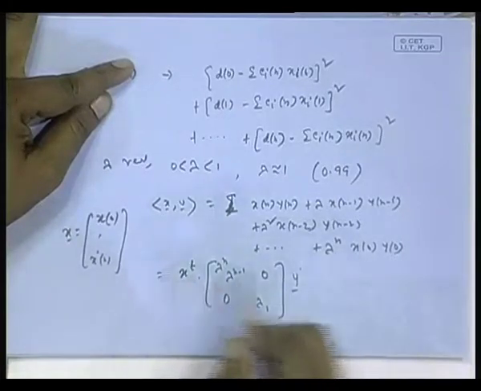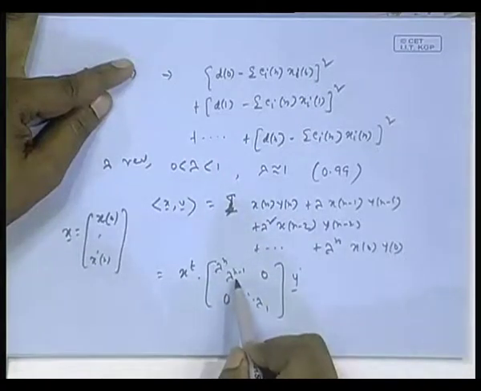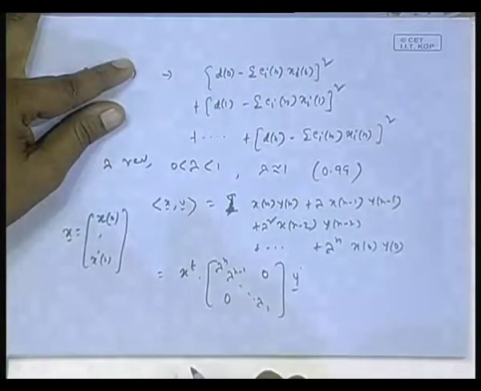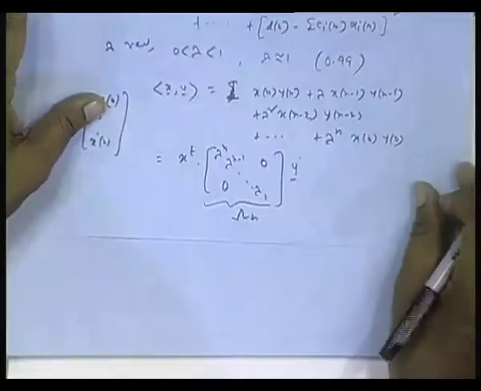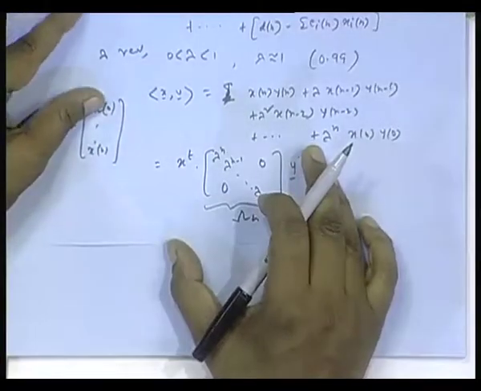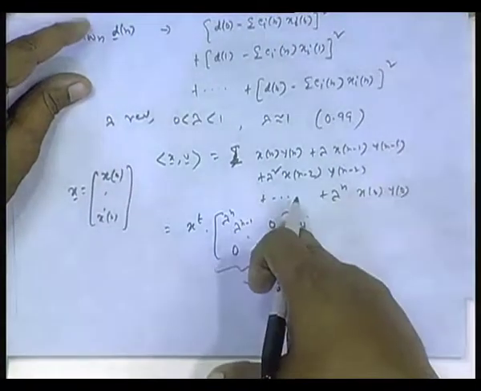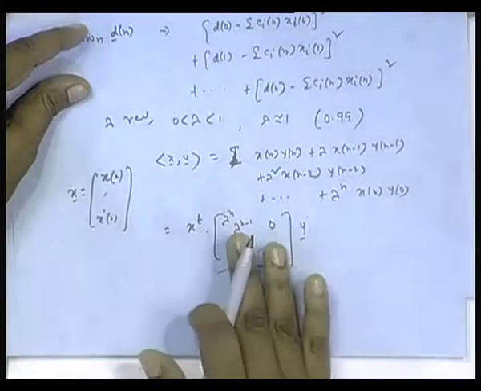So, you understand x 0 y 0 will be multiplied by lambda to the power n, x 1 y 1 will be multiplied by lambda to the power n minus 1, simple, and added. This matrix is that lambda n. I will be using this and reformulating, rewriting those expressions of pseudo inverse and all using this tomorrow. Are you getting me here?